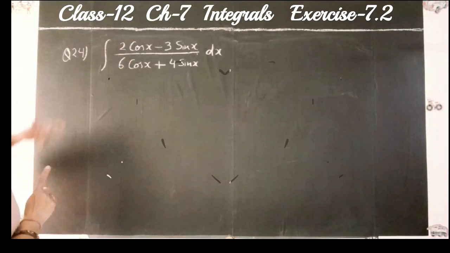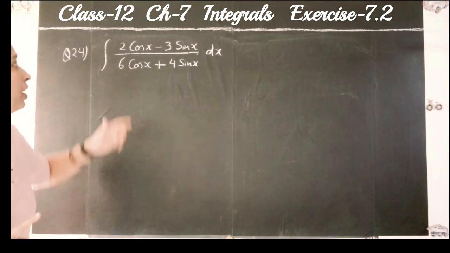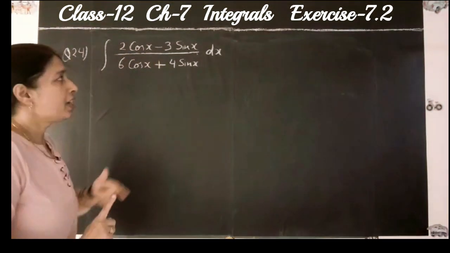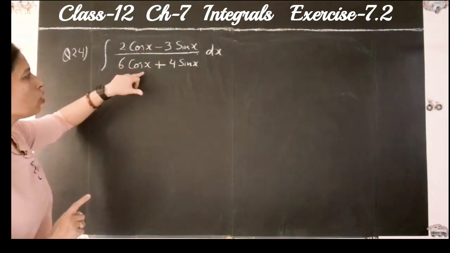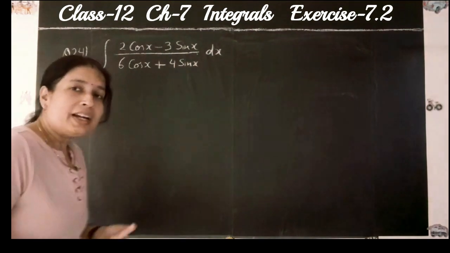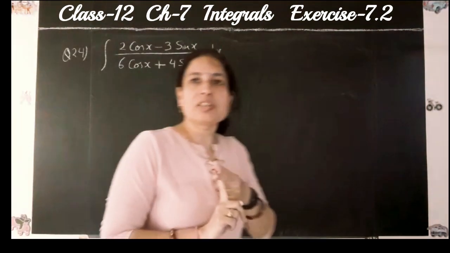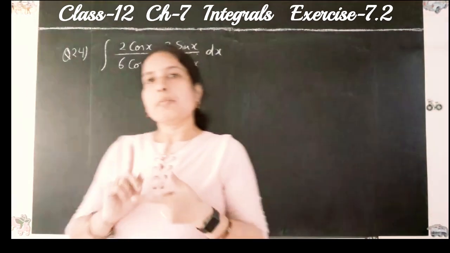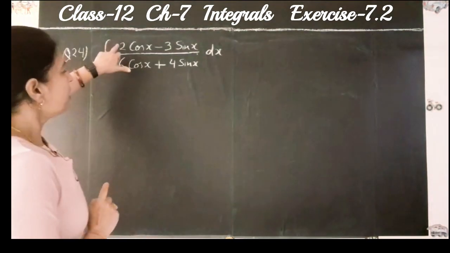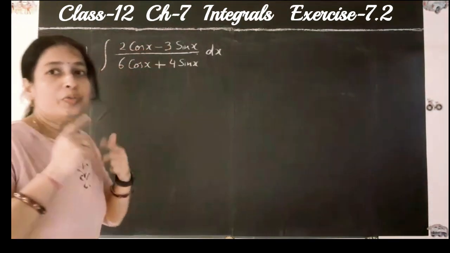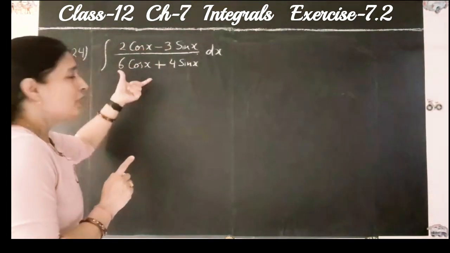See our next question. It is question number 24. It is integral of 2 cos x minus 3 sin x divided by 6 cos x plus 4 sin x dx. We know that derivative of sin x is equal to cos x and derivative of cos x is equal to minus sin x. But here it is given 2, 3 and here it is given 6, 4. So we can take common 2 from denominator.